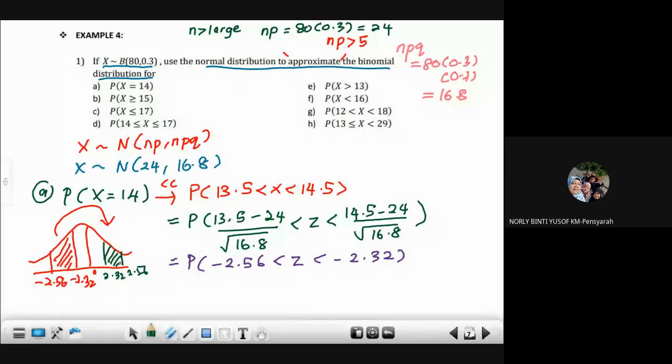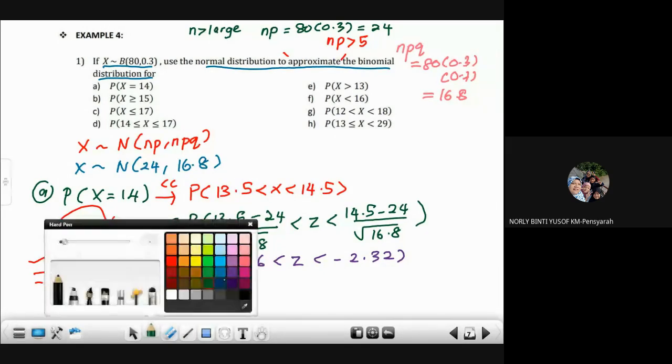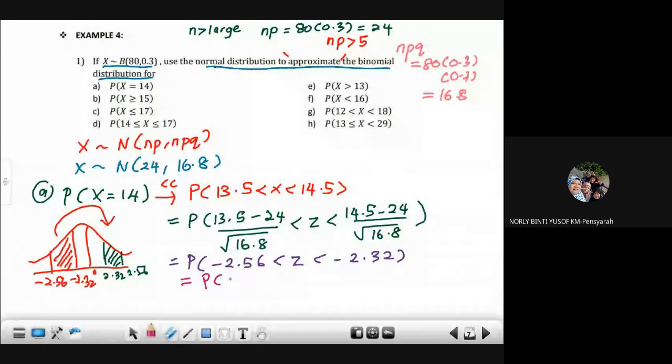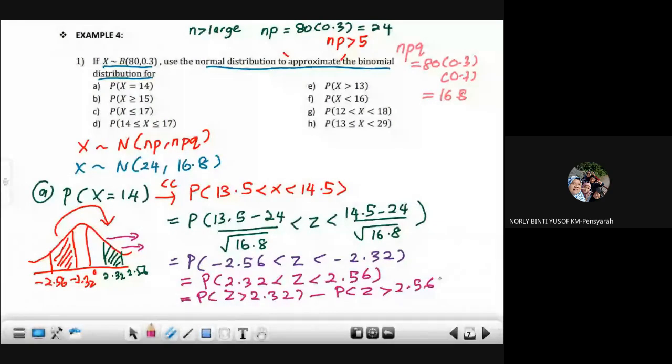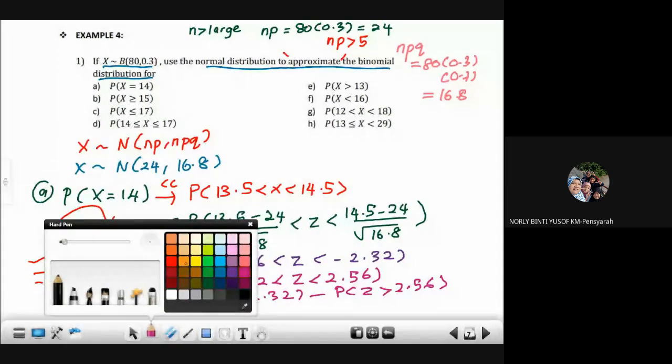So the region will be the same. Jadi ini akan sama dengan region positif dia adalah in between 2.32 and 2.56. Dan you tahulah 2.32 lebih besar tolak dengan 2.56. So Z greater than 2.32 tolak dengan Z greater than 2.56. Then you read table lah for the Z value to get the probability and take the difference.